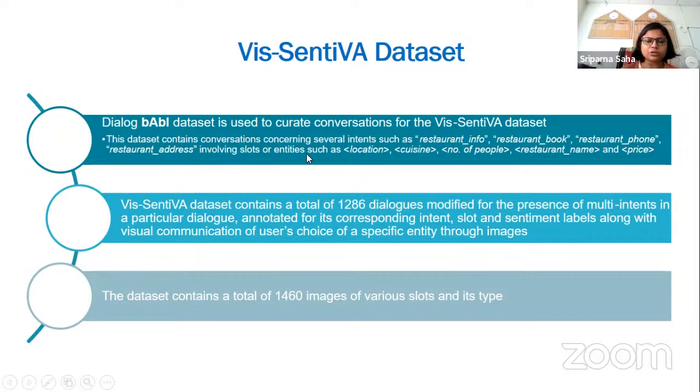There are some common slots like location, cuisine, number of people, restaurant name, and price. The dataset has 1 to 86 dialogues modified for the presence of multiple intents in a dialogue, annotated with intent, slot, and sentiment labels, along with the visual communication of the user's choice of a specific entity through images. It also contains a total of 1460 images of various slots and types.